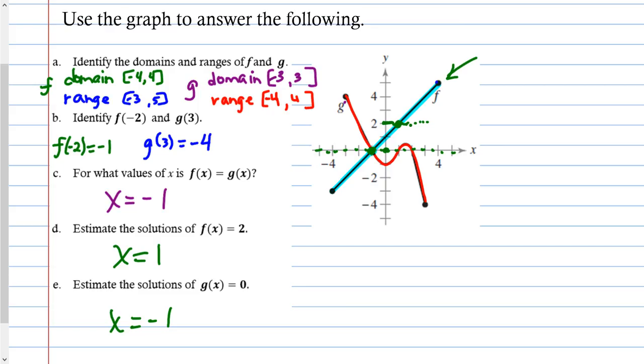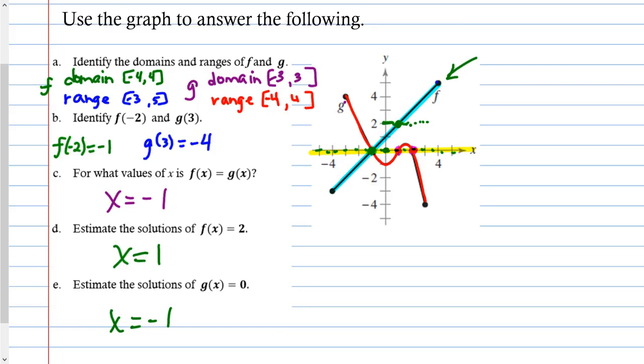Okay, so now for E, y equals 0 is this entire horizontal line, right? And g intersects this line at x equals -1. That is the solution for g of x equals 0, but it is not the only one. Because g also intersects y equals 0 right there at x equals 1, and it also intersects right here at x equals 2.